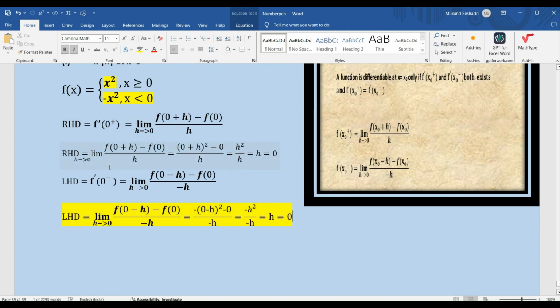So I have my LHD, I have my RHD, and the condition for differentiability is both LHD and RHD will have to exist, and they will have to be equal, right? So in this case, my LHD equals RHD, and it is equal to 0, and therefore the function is differentiable at x equals 0.